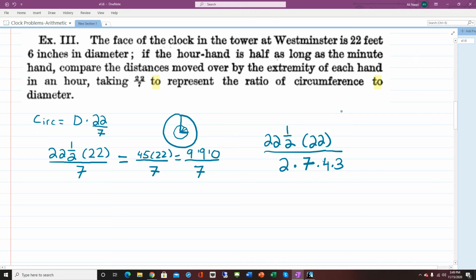And this one right here, actually, so if I multiply this by 2, I have to multiply the denominator by 2. So there should be a 2 over here. Okay, so we can just half each thing now. So I get 495/7.